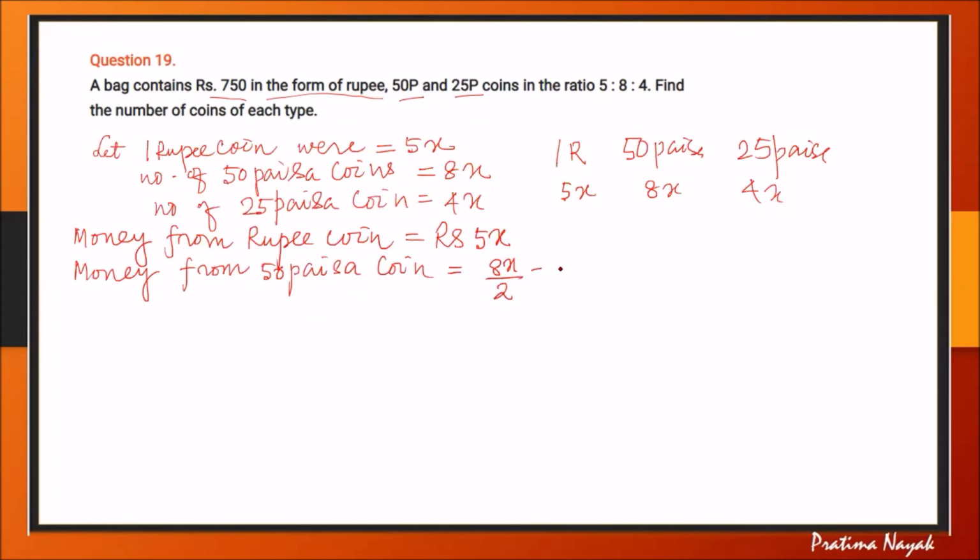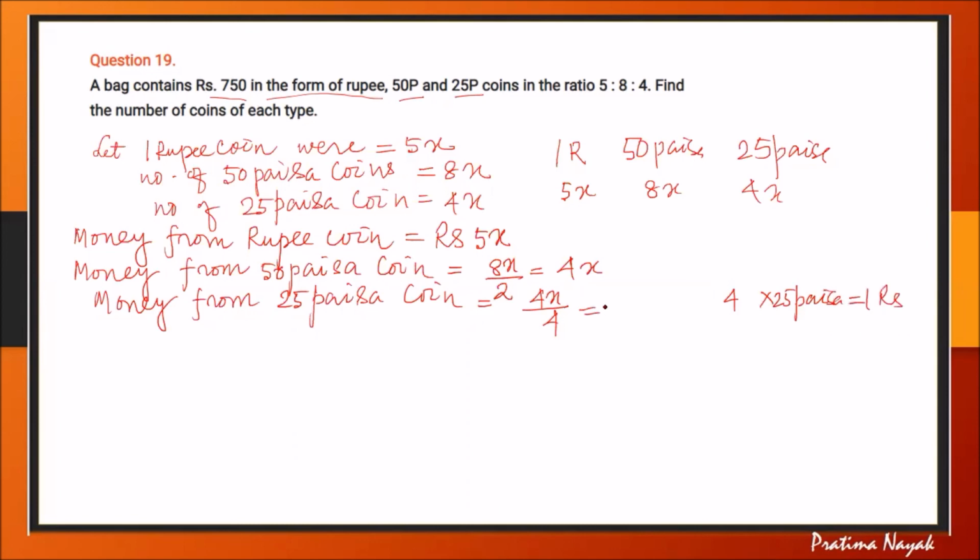So it will be 4x. And money from 25 paisa coin is equal to 4x by 4 because 4 25 paisa coins make a rupee. So it will be only x.